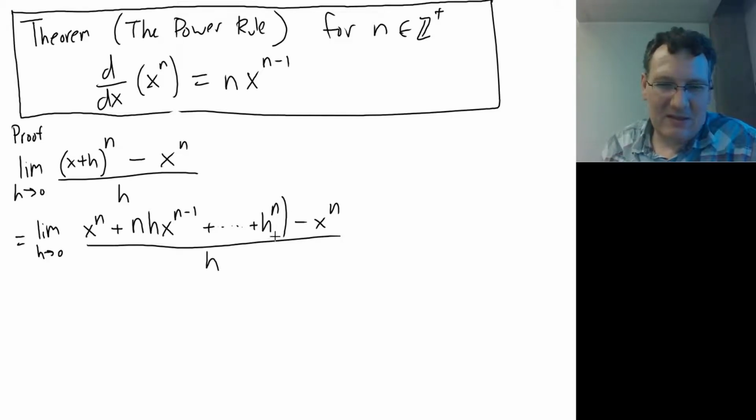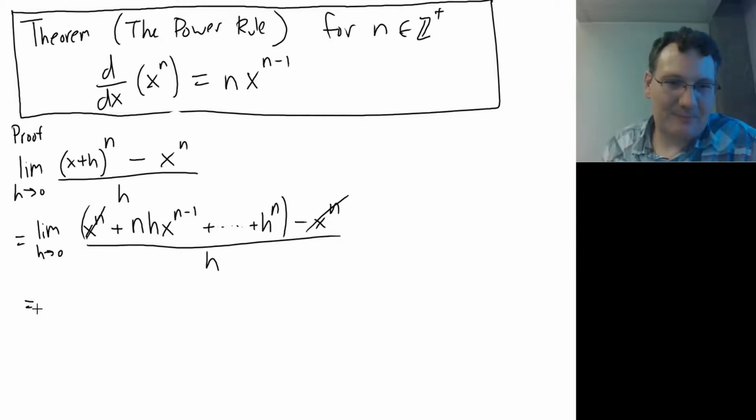Now this is the expanded binomial with a whole bunch of stuff in between that I didn't write because it's not really going to matter. Any term that has h to a power higher than 1 is going to go to 0 when I cancel things out. So the main thing is to notice I have x to the n and I have minus x to the n. So those subtract, those give me 0.